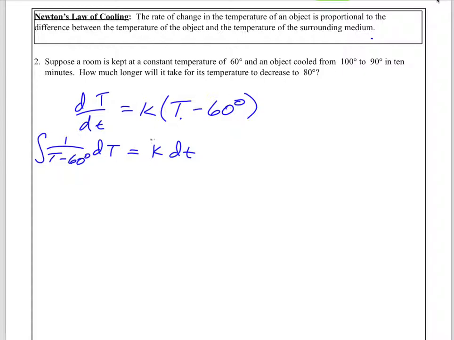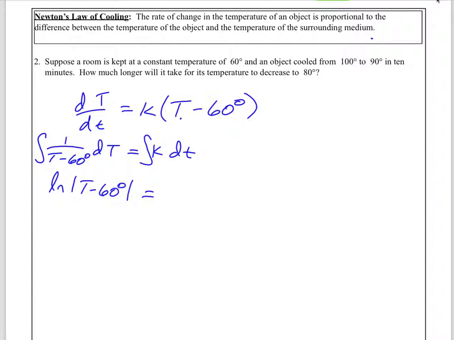All right, so I integrate. What do I end up with on the left side? Natural log of T minus 60. Very good. On the first one we did, we had a negative as well. Why do I not need a negative on this one? Because when I take the derivative of T minus 60, what do I get? I get 1.